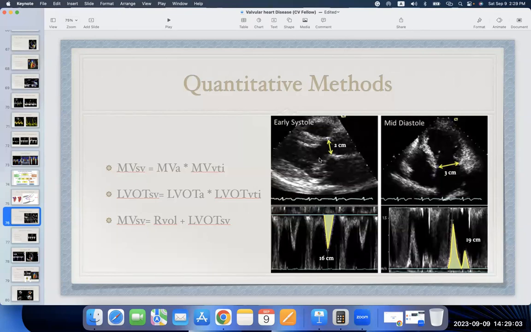Instead of saying LVOT here, we'll change this and put the RVOT. So you're going to calculate the RVOT stroke volume, assuming that you don't have significant pulmonary regurg. If you don't have pulmonary regurg, you can calculate the RVOT stroke volume from the RVOT area and the RVOT VTI, and then do the same equation, and you will get the same result.